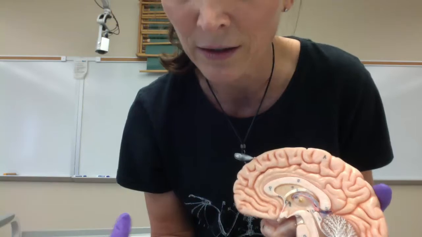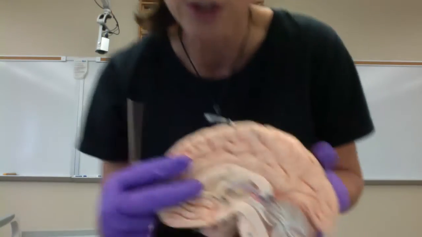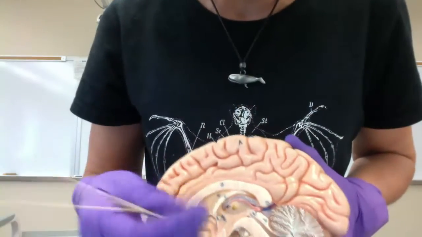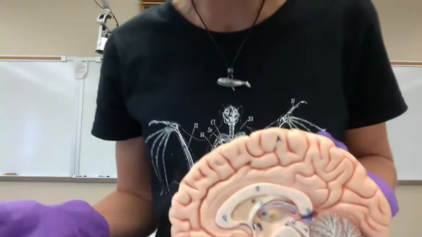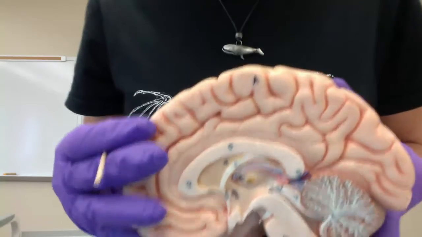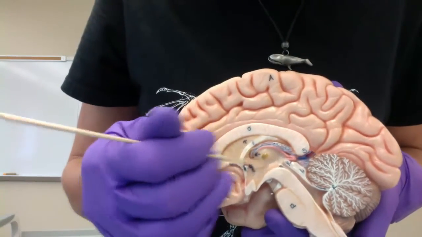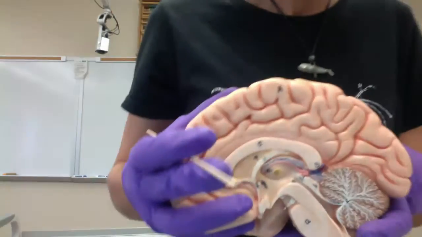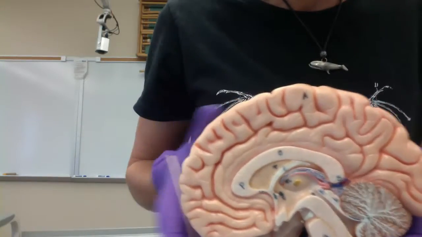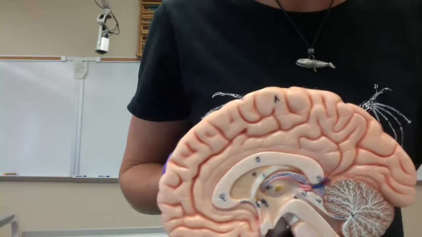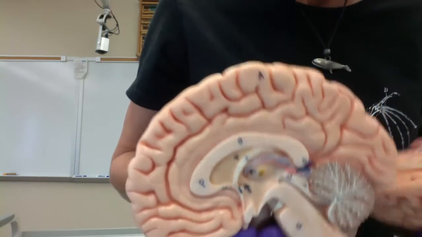It's entering the brain through a different means, so it's being relayed differently in the brain than the rest of your sensory input. So yes, the thalamus will be the relay center for all sensory input except for your sense of smell.